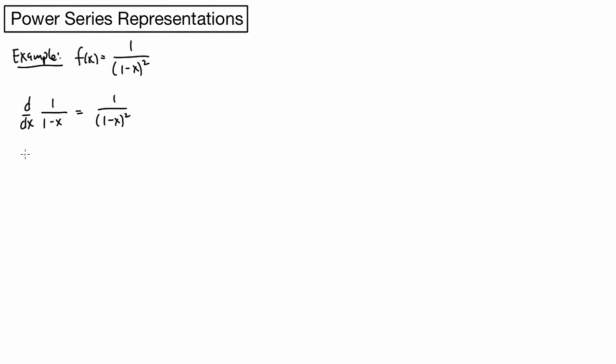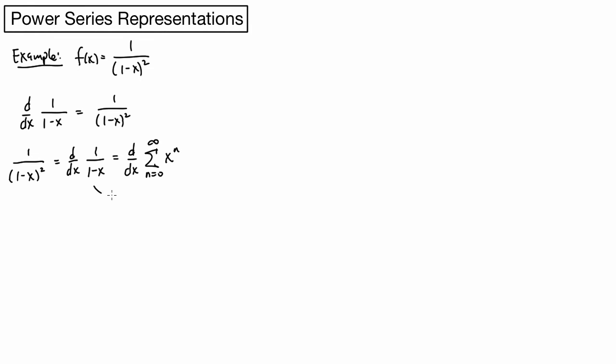So if I wanted a power series representation for this function, I can rely on the fact that since this is the derivative of 1 over 1 minus x, its power series will be the derivative of 1 over 1 minus x's power series, which is the geometric series.